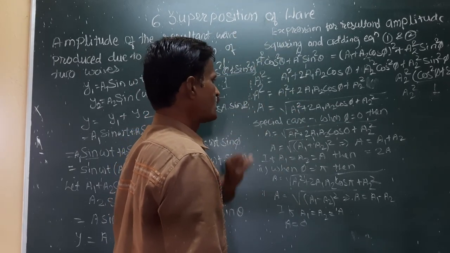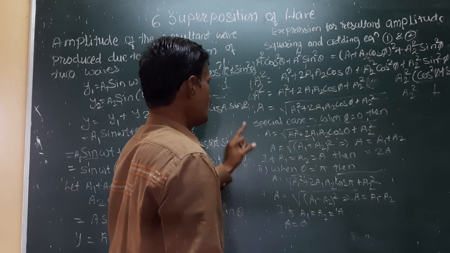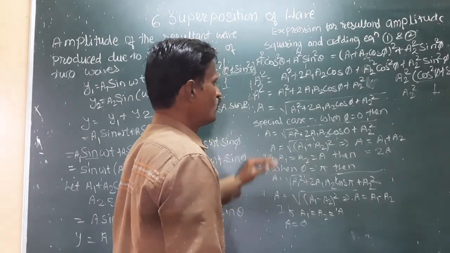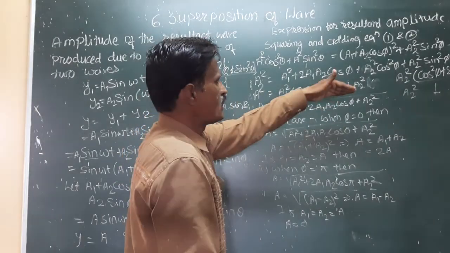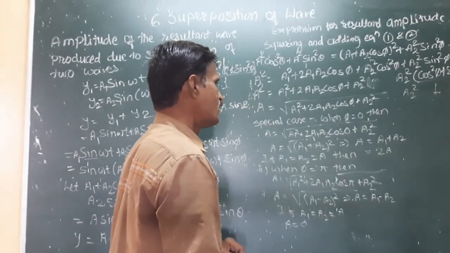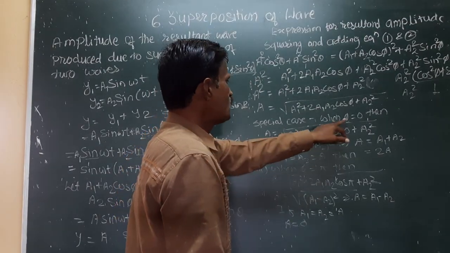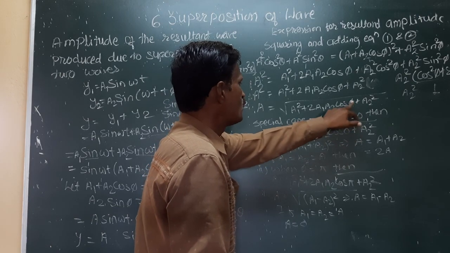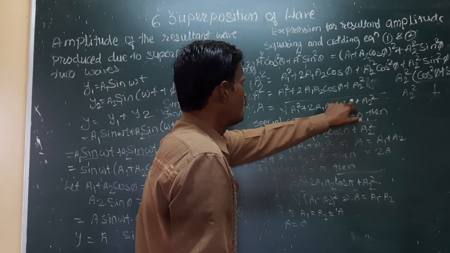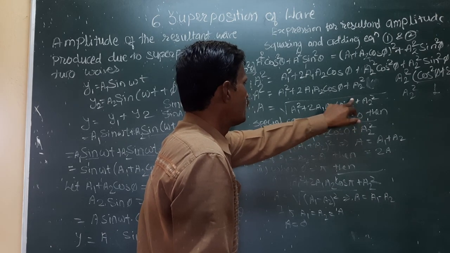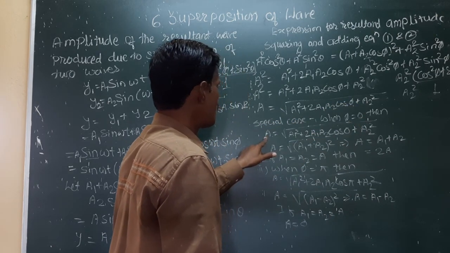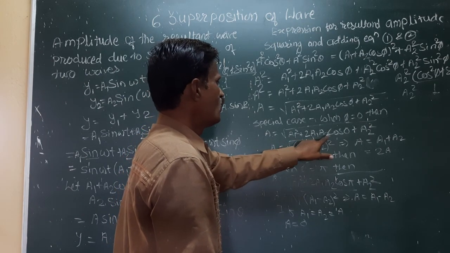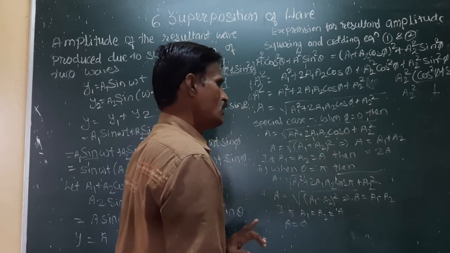Now there are special cases. If phi is equal to 0, that means both the waves are in the same phase. Putting this value in this equation we get cos 0. So A is equal to root of a1 square plus twice a1 a2 cos 0 plus a2 square.